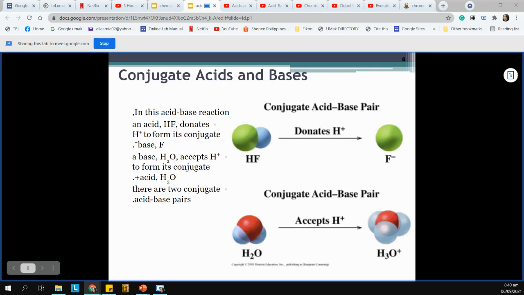Now, more examples of an acid-base pair. An example here is hydrogen fluoride donating hydrogen ions. It will now become fluoride ions. And then here, the water accepts the hydrogen that's coming from hydrogen fluoride, giving you the hydronium ion.